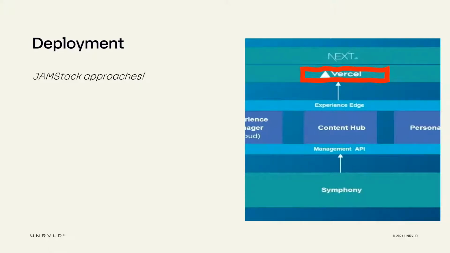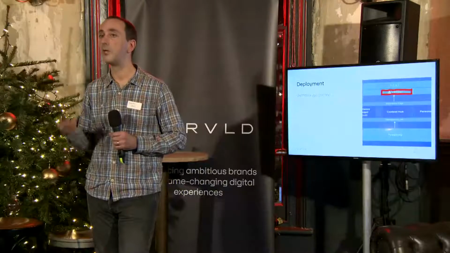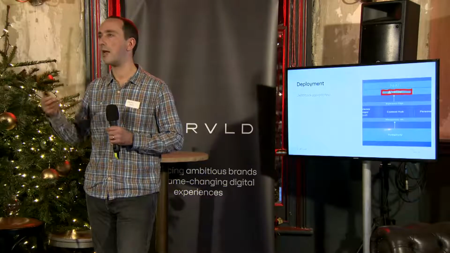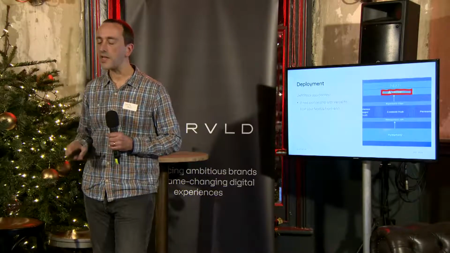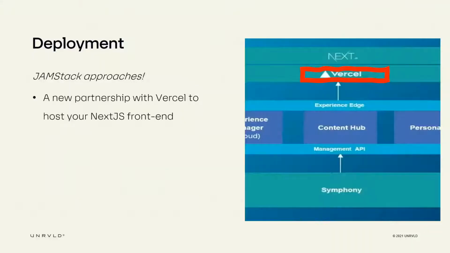The first, as I mentioned before, is Experience Edge, because that's providing these cloud scale content APIs for you. And then the second thing is that you need to have somewhere to host and run your front end, your Jamstack project. Now, Sitecore have decided that Next.js is the best technology for the moment for implementing your front ends.